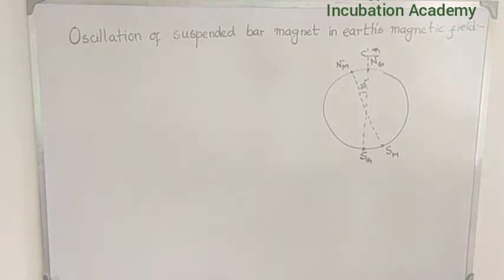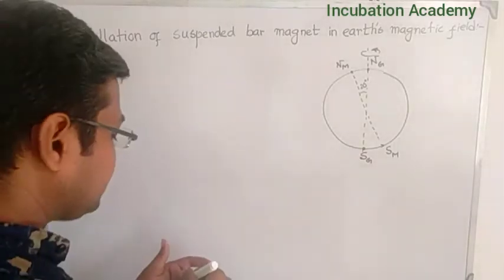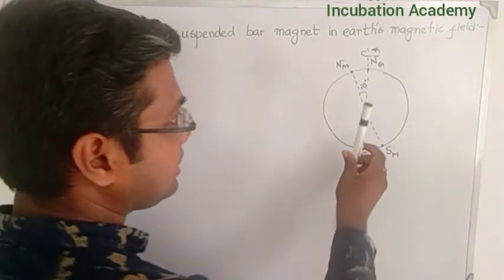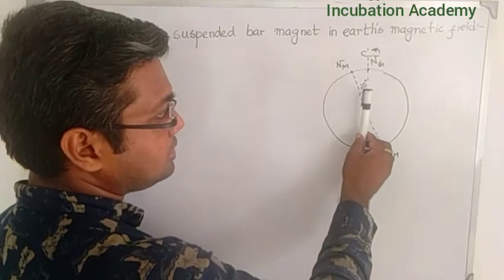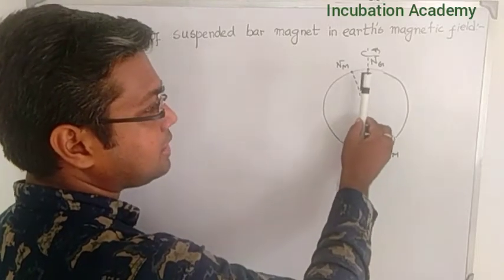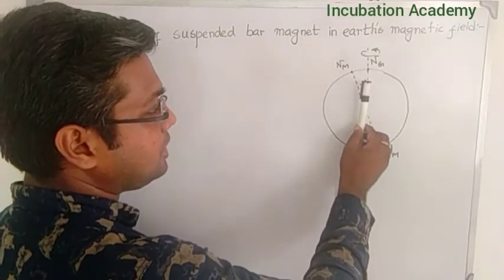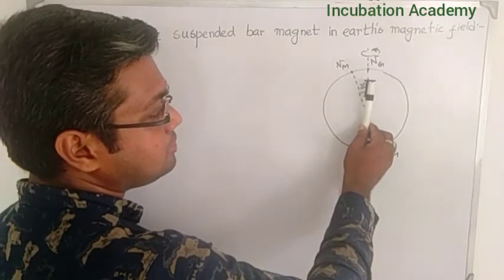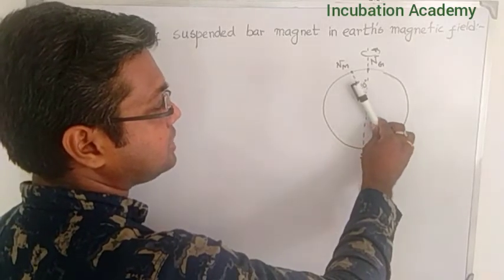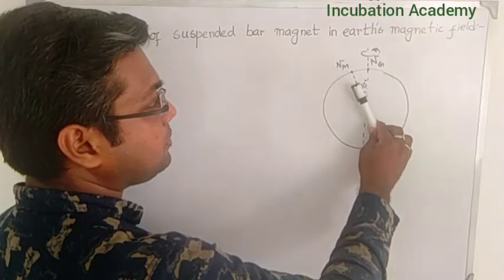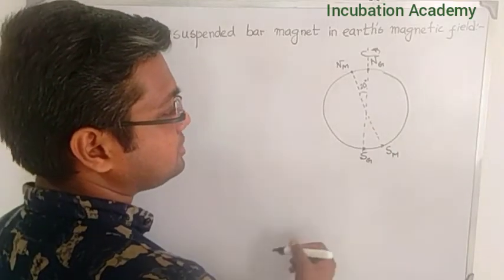Since the angle between them is approximately 20 degrees, if we place the bar magnet around the geographical north and geographical south, what will happen? It will slightly rotate. It will not point towards the geographical north and geographical south.